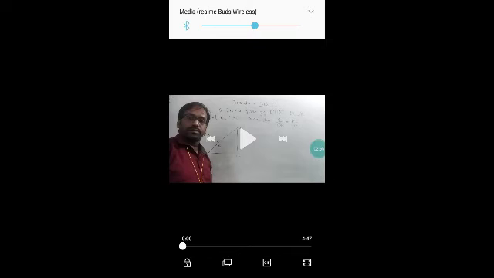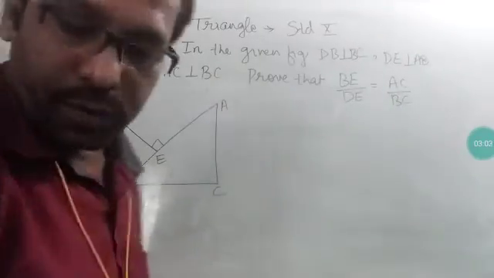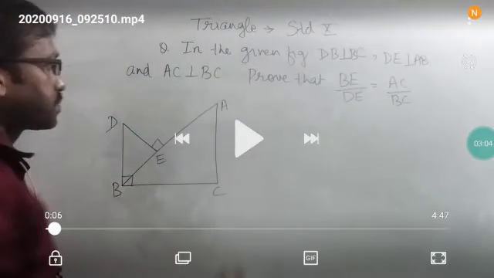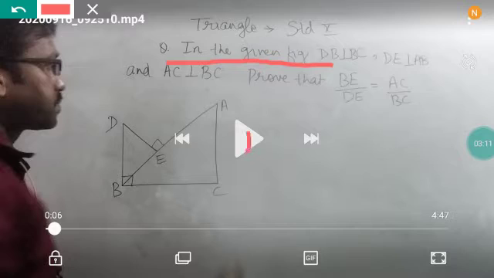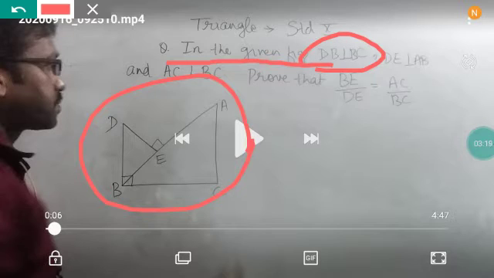Okay, see this. So let me explain what is given in the question. In the given figure, DB is perpendicular to BC, this angle is 90 degrees.